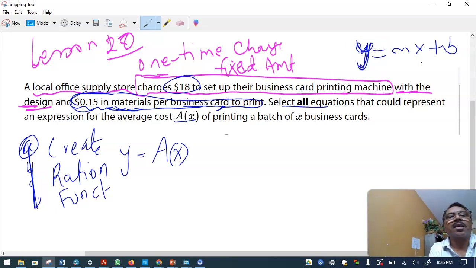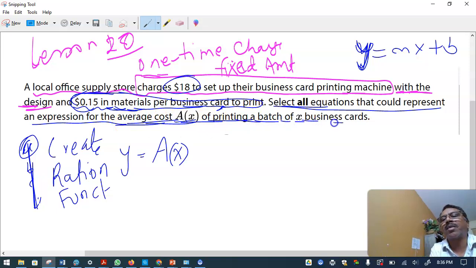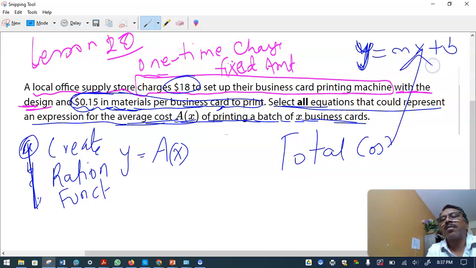So the question is, you're supposed to select all the equations that could represent an expression for the average cost of printing a batch of x number of cards. So it does not talk about the total cost. If it was total cost, then you would just apply this. But now he's talking about average cost per card.